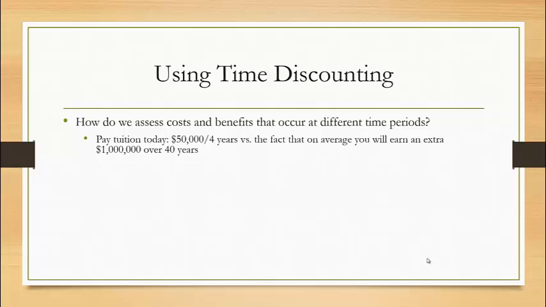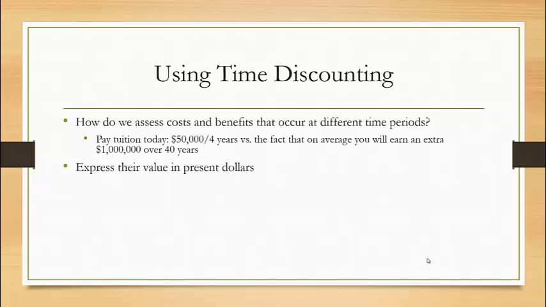The benefit is not great enough to me to pay the upfront costs. But in order to actually compare these things, right? So the $50,000 over 4 years versus $1 million over 40 years, right? Because I just mentioned that you have this problem of inflation. So how do you compare $1 million over 40 years to this $50,000 up front?